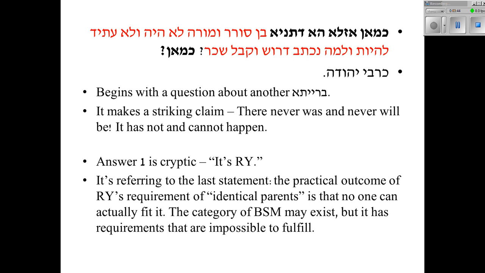All we need to know for now is this Braita says never was, never will be, and answers the Lama Nichtav with Drosh v'kabel schar. That's what it's there for. Now, the Braita itself is a statement.